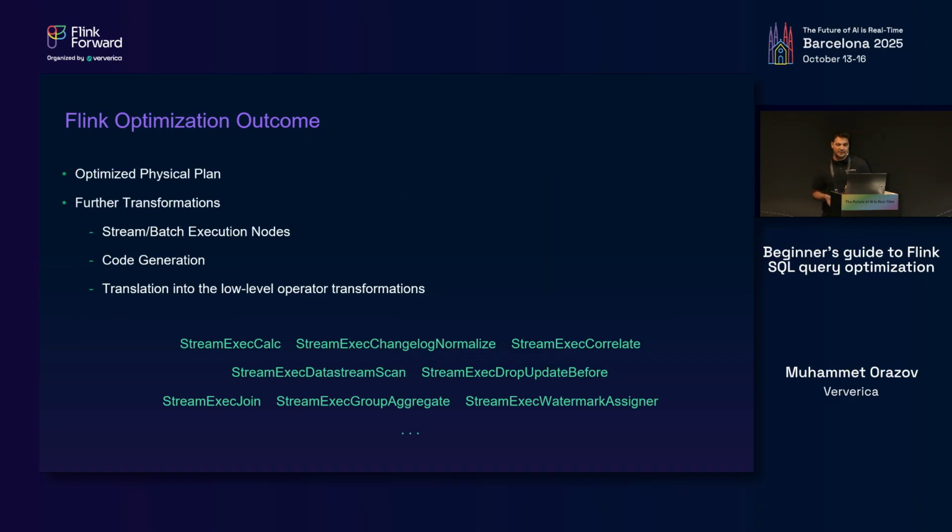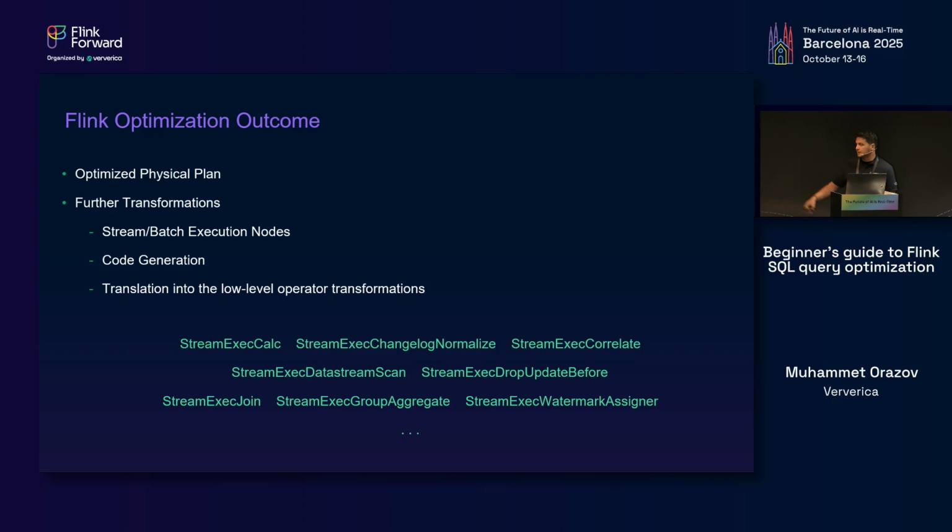Okay, so what is the final outcome of the optimizer in Flink SQL? It's to create an efficient physical plan. Once the efficient physical plan is found, each physical plan node is converted into so-called stream exec nodes. Stream is specific to the streaming case, but it's also valid for batch.